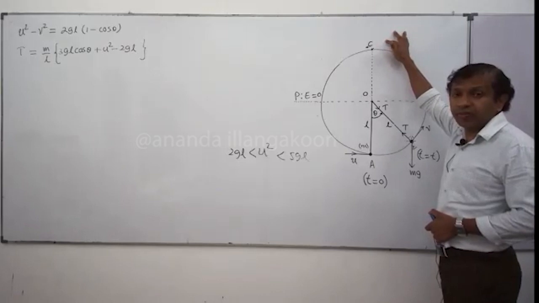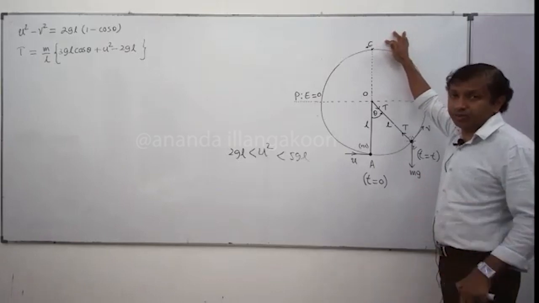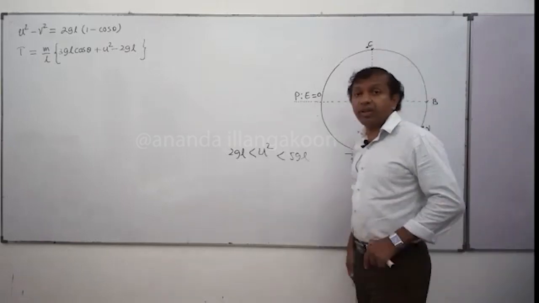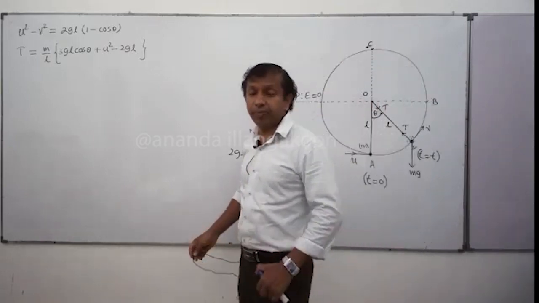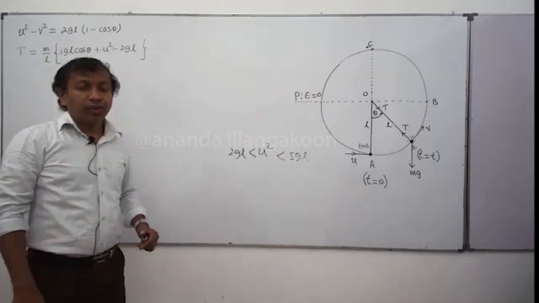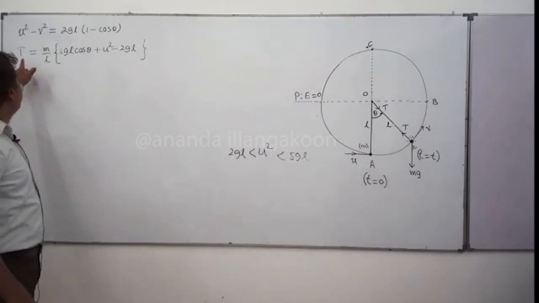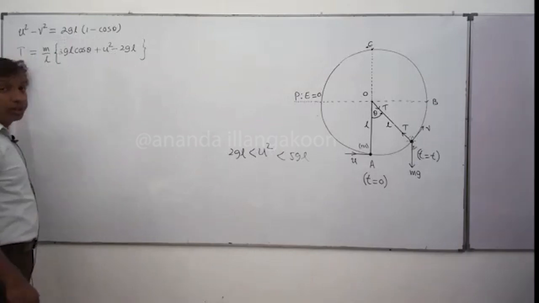The condition required for that is what, people? Having a value for velocity, tension becomes zero. Tension becomes zero is the reason why the particle leaves the circle. Therefore, for the particle to leave the circle, the tension should be zero. Then we equate this tension T to zero.